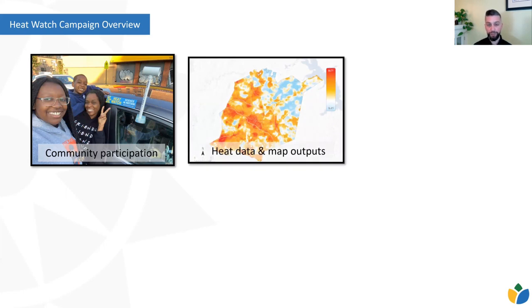And so this is what they're generally doing, going out and collecting information so that we can produce on the analytical side some really valuable high resolution data and mapping outputs.